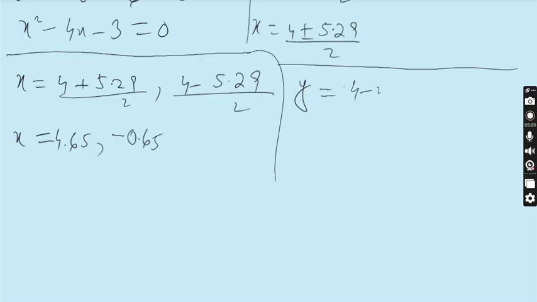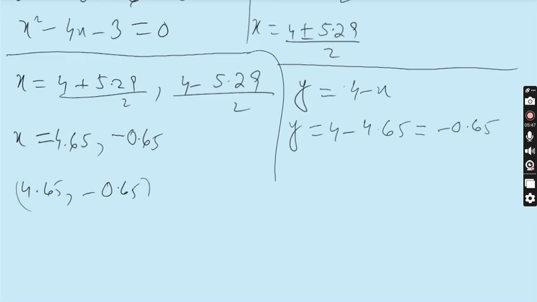So y equals 4 minus x. x is 4.65, the first value. So y is minus 0.65. So when x is 4.65, then y is minus 0.65. This is the first point of intersection.